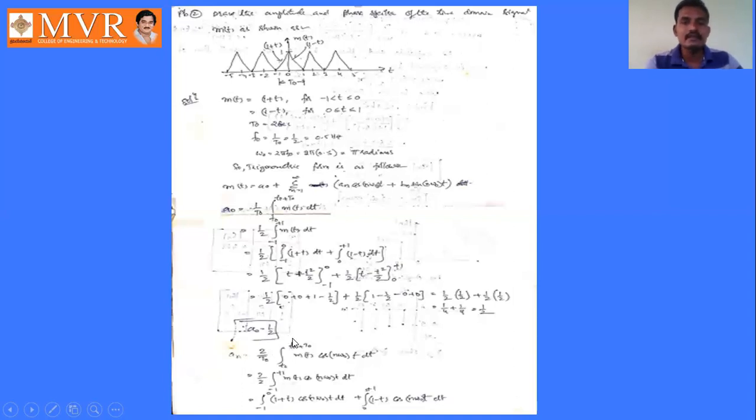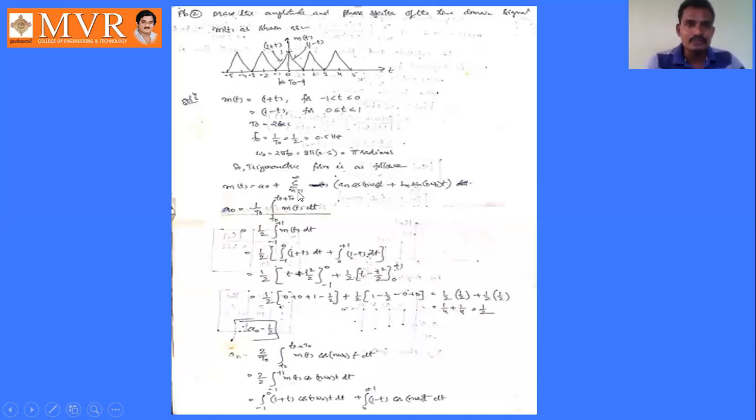In the same manner, we can find out the values of an and bn. How to find out the value of an? An equals 2 by T naught integral T naught to T naught plus T naught of m of t into cos n omega naught t dt. Here also we have two functions, so the limits also vary.